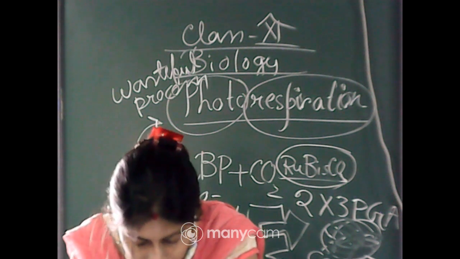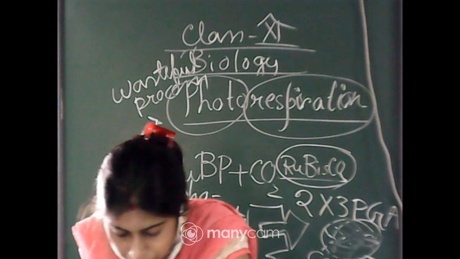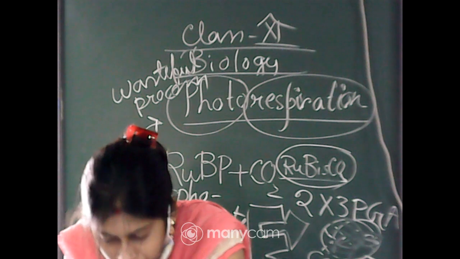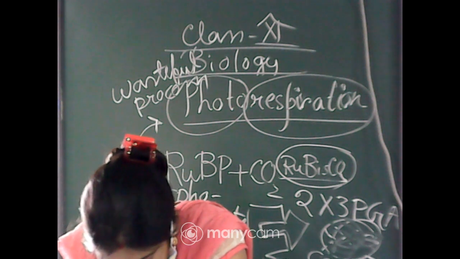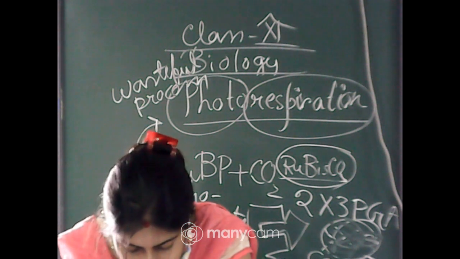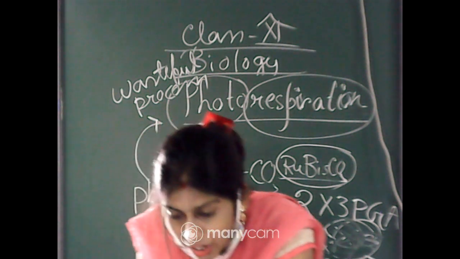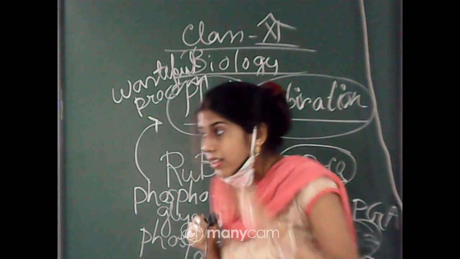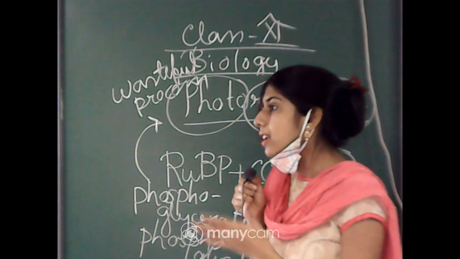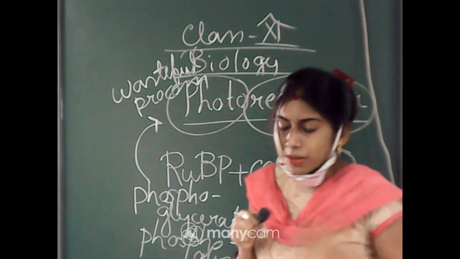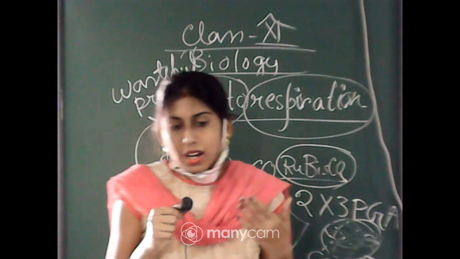When does this take place? This takes place when the C4 acid, that means oxaloacetic acid, from the mesophyll cell is broken down in the bundle sheath cells and releases carbon dioxide. You have seen that in the bundle sheath cell, decarboxylation occurs and carbon dioxide is released.